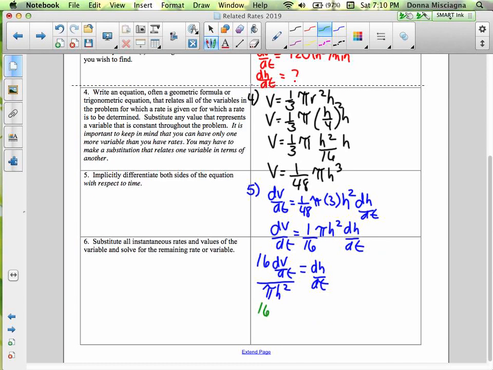So 16 times negative 120 divided by pi times 7 squared equals dH/dt. We're not going to do any really reducing there, because 49 is not a factor of 16 or 120. I'll just finish up over here, and we'll write that a little nicer.